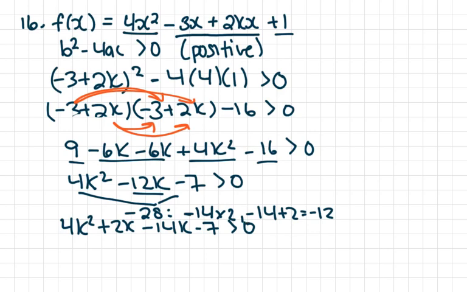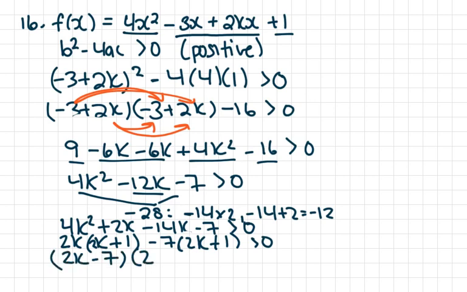Group and factor, so take out a 2k out of the first section, 2k times k plus 1, and minus 7 out of the second. Sorry, that should be 2. And it should also be 2k plus 1 is greater than 0. So 2k minus 7 and 2k plus 1 are greater than 0.